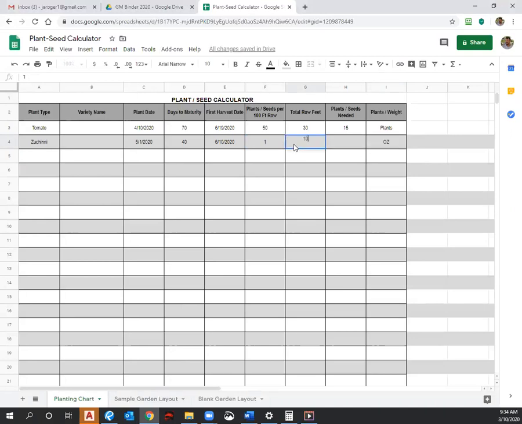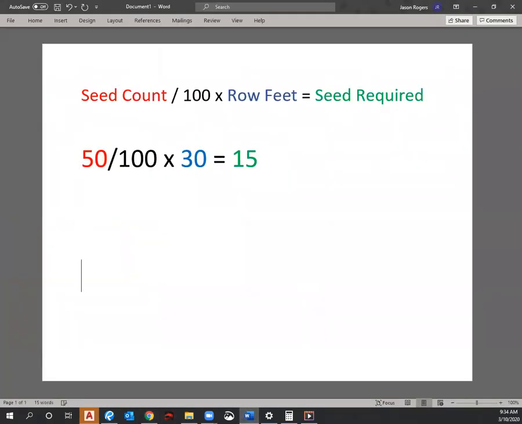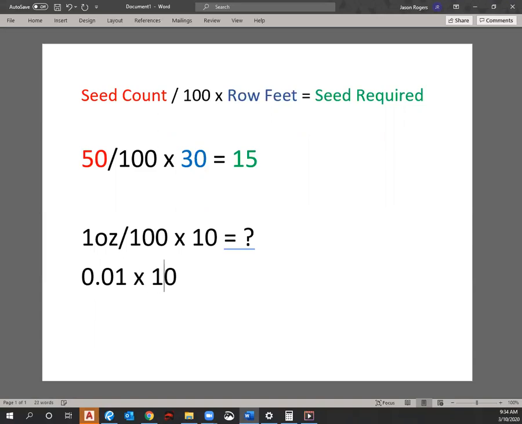And what do we have? We had 10 feet. So the math on this is going to be 1 ounce divided by 100 feet times the 10 feet we actually have. So this is going to be 1 divided by 100, times 10, and that's going to equal, just move the decimal place.